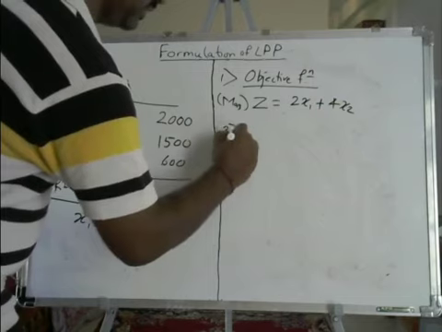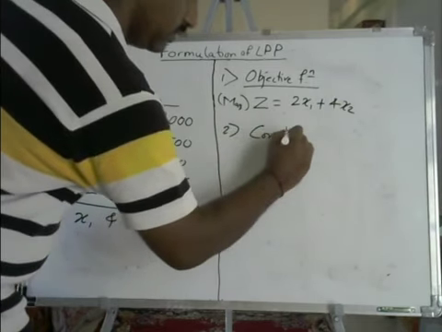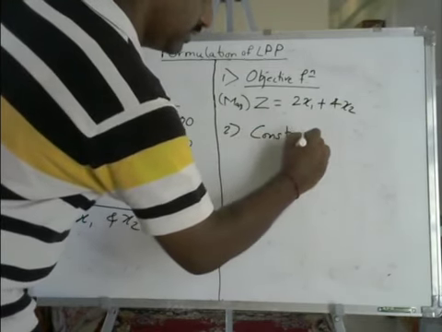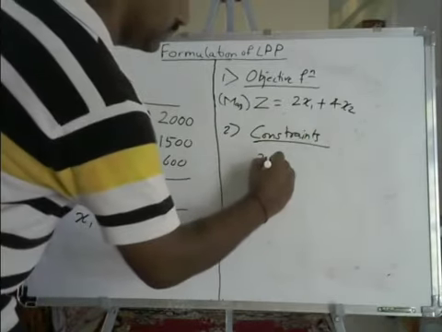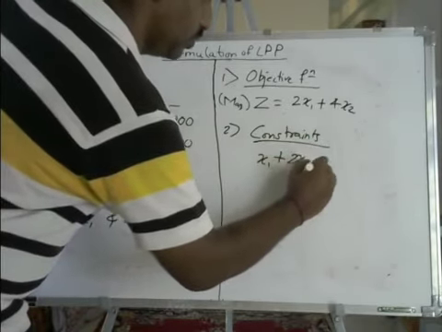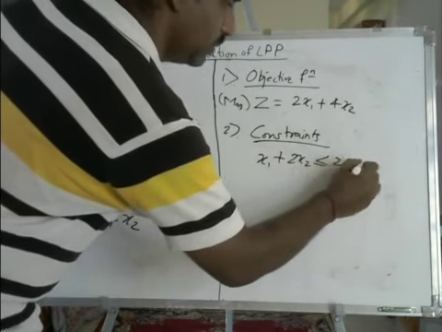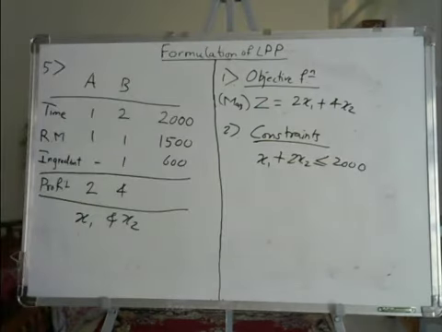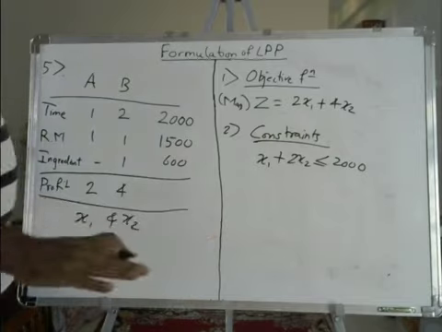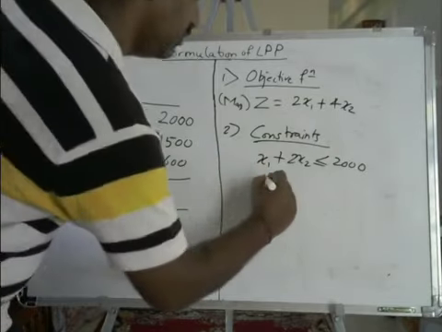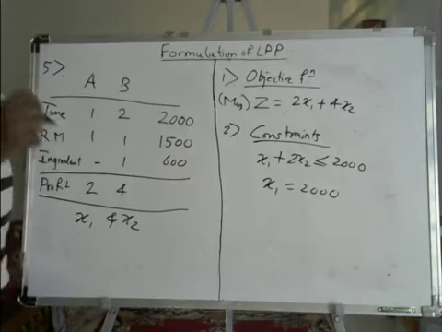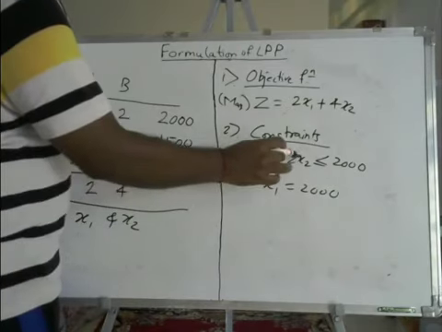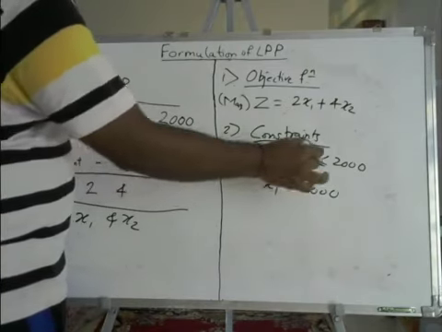And the second one is the constraints, that is x1 plus 2x2 is less than or equal to 2000. If they ask you to produce only A, then the equation will be x1 is equal to 2000. Since you are producing B also, that's why it is less than or equal to.